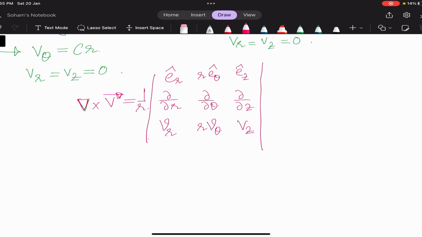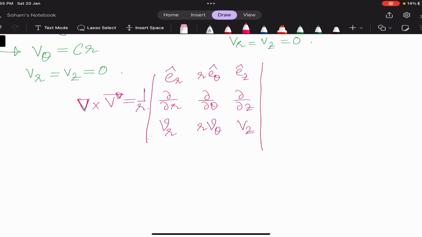In the end of the previous video, I just introduced you to the vortex flows, but in that video the mathematical part was not correct.